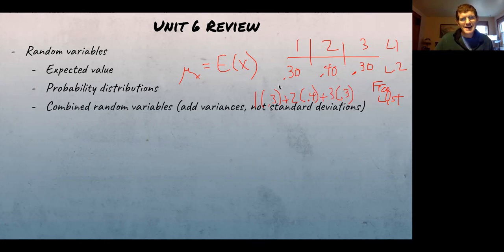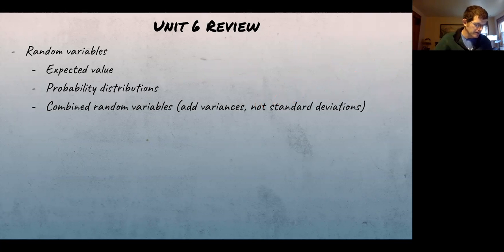The combined random variables. Okay, so we didn't really talk about the spread as much, but the standard deviation will depend on the type of, well, it'll be given. I'm jumping ahead to sampling distributions a little bit. But if we have two standard deviations, let's say the standard deviation of X and standard deviation of Y, and we want to combine these together, we can't just add these two standard deviations.